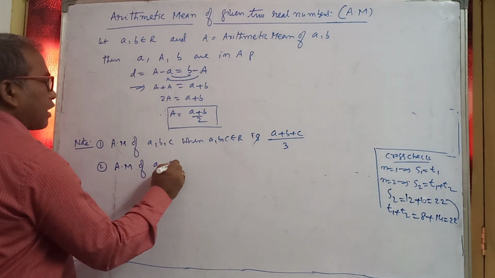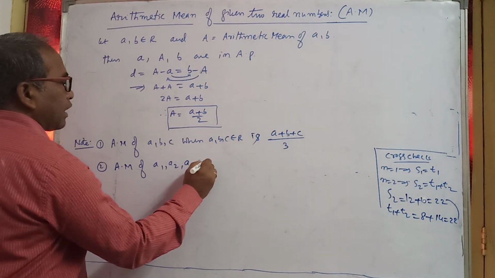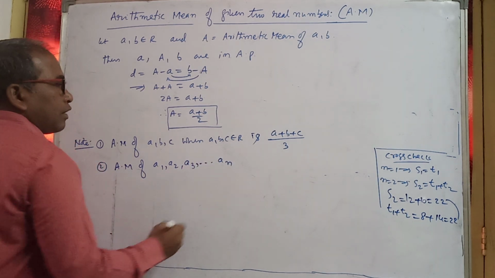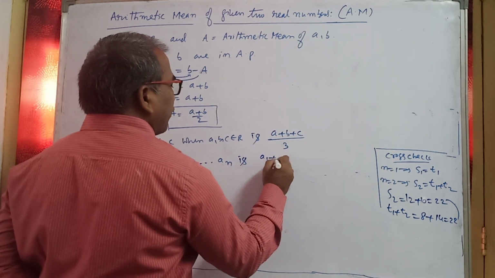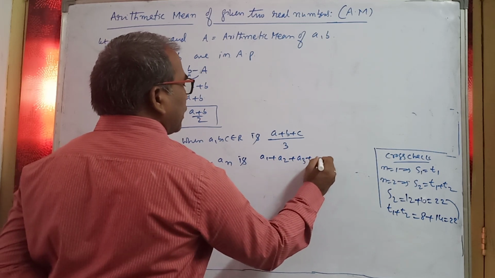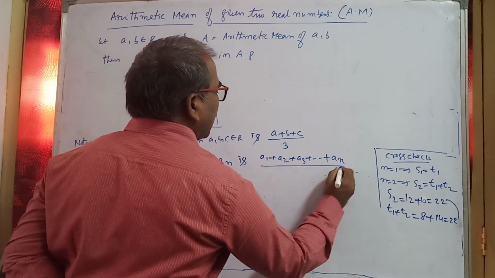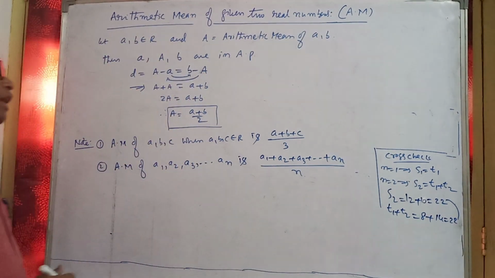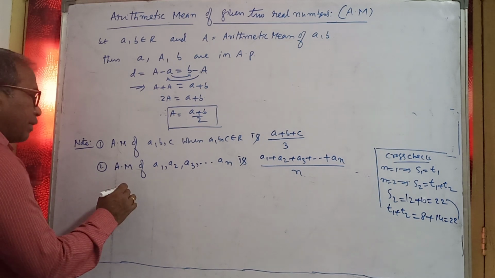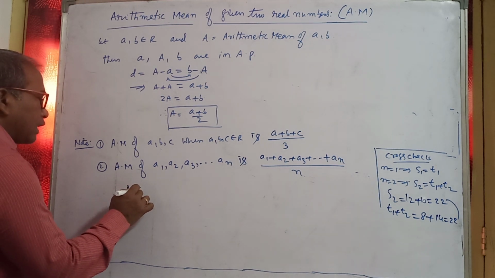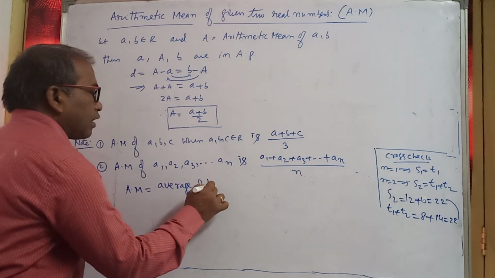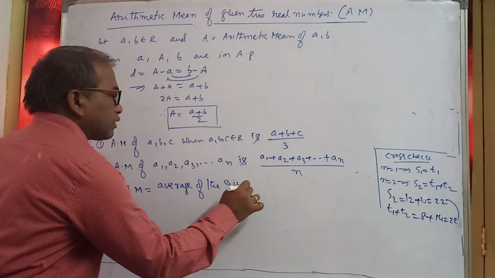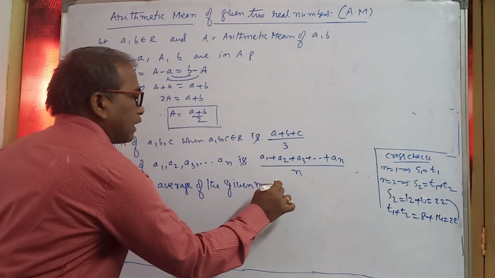The arithmetic mean of a1, a2, a3, up to an, all real numbers, is (a1 plus a2 plus a3 plus up to plus an) by n. So in general, arithmetic mean is nothing but the average of the given numbers. Indirectly, that is the meaning of this.